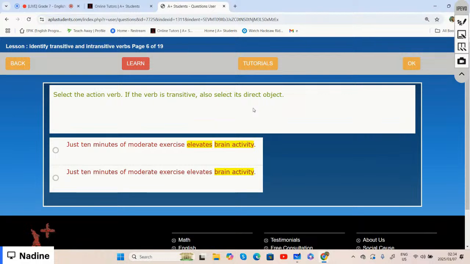We need to select the verb that is transitive.